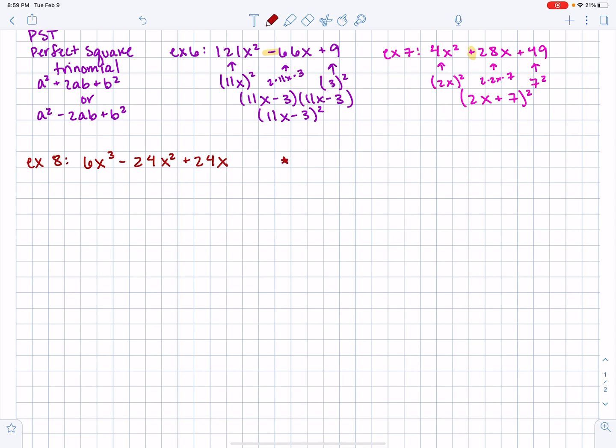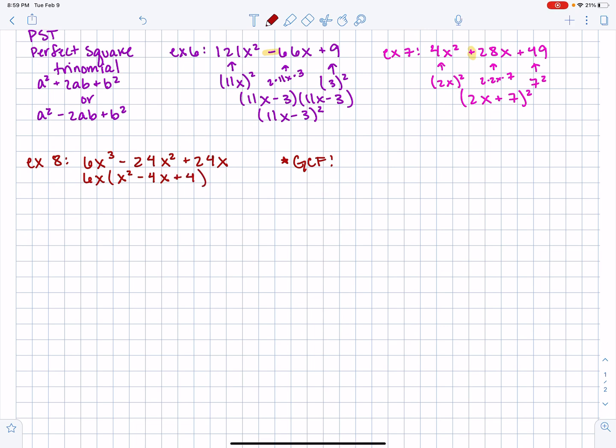So first step is to look for your GCF. Feel free to pause this video and try it on your own, then play. So 6x is my GCF from here, leaving me with x squared minus 4x plus 4.